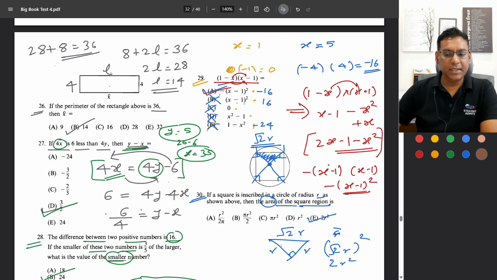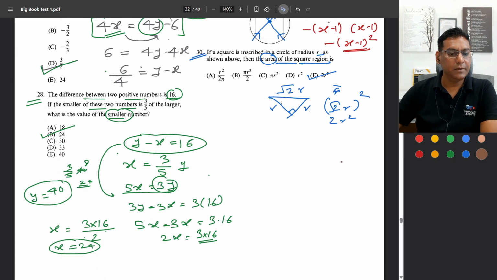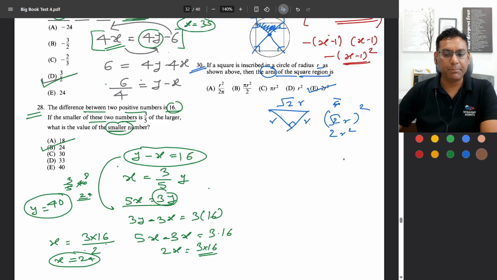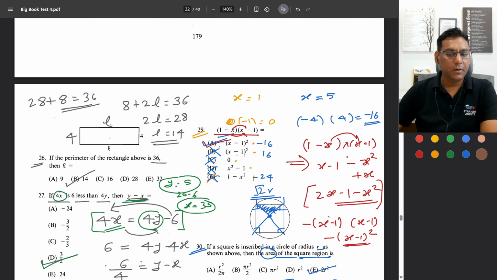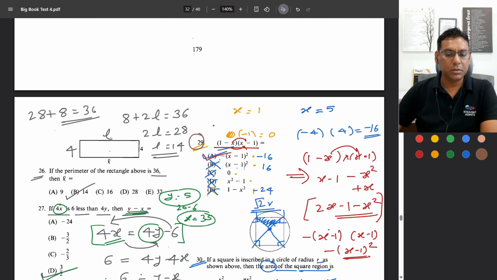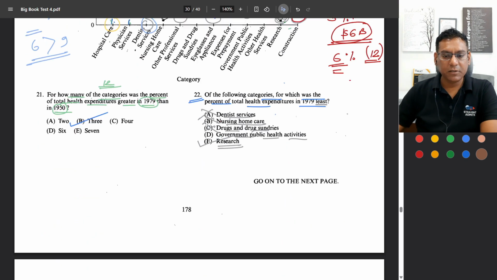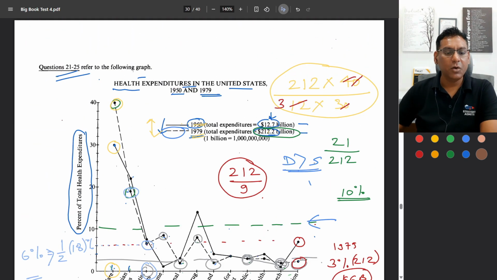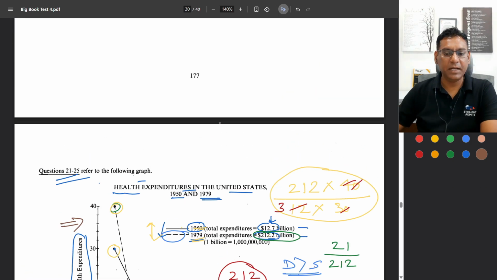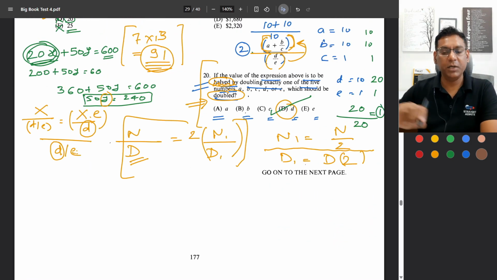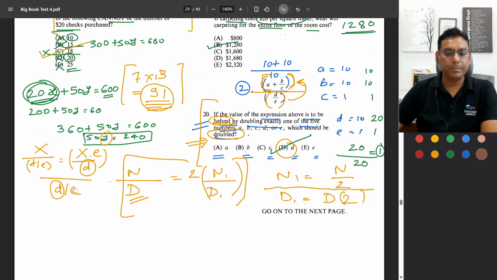All right, so that's the end of the test. Let's see any interesting questions or any sort of recap questions here. This was an interesting question. Can be done in multiple ways. The graph, I think, was pretty straightforward, owing to the fact that there was only one figure, one graph given. Okay, many times there are two graphs and then we have to juggle between two or three graphs. This was a very interesting question, right?